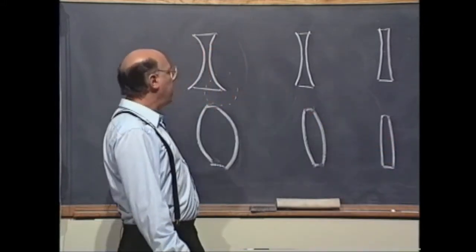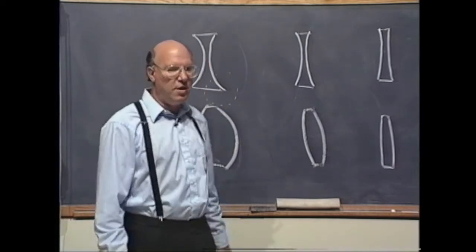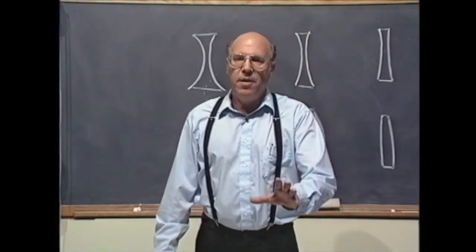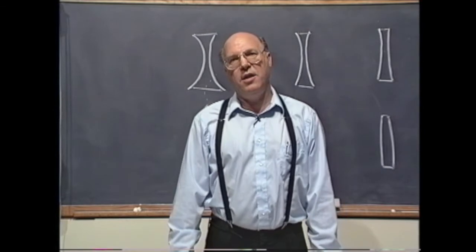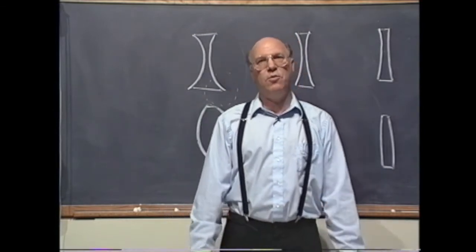We couldn't see everything on the blackboard magnified. When I magnified, you could just see this little region here. And that's a problem that telescopes have from the first day they were invented, and it is a problem that remains even to this day with the biggest telescopes in the world.